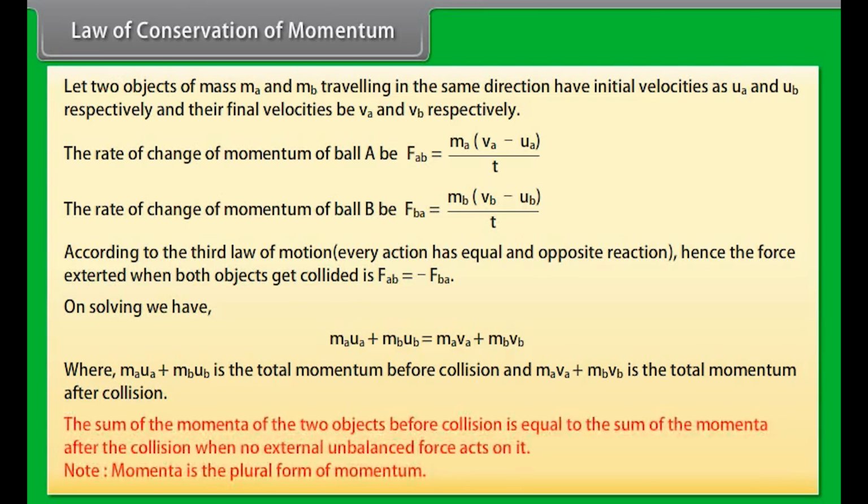The sum of the momenta of the two objects before collision is equal to the sum of the momenta after the collision when no external unbalanced force acts on them. Momenta is the plural form of momentum.